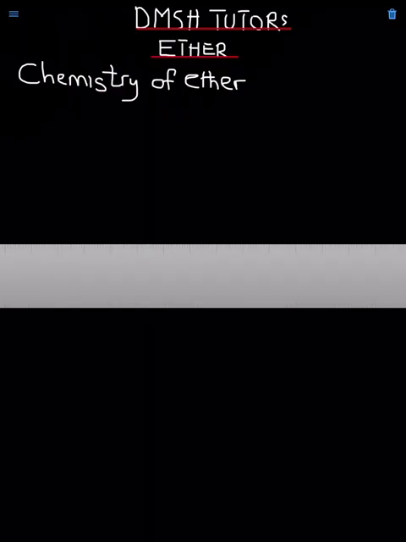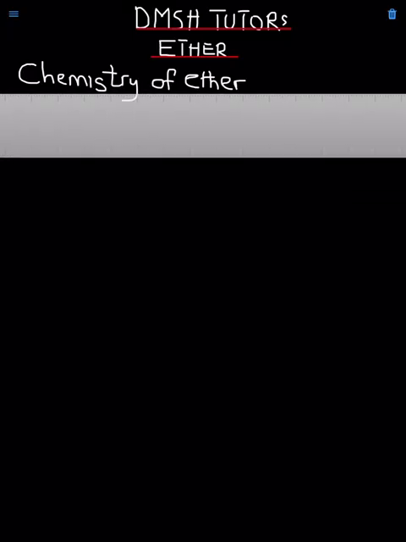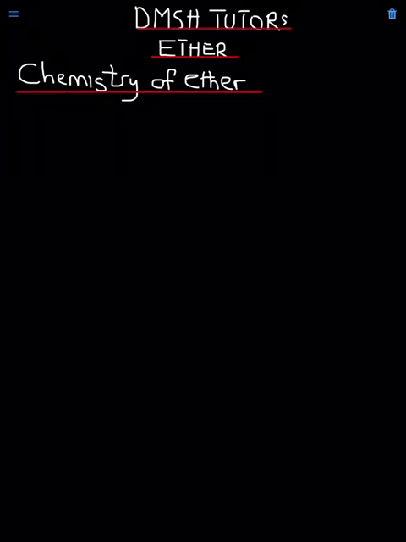As you know, ether is derived from water structures, and all the hydrogens in the water structure in ether have been replaced by alkyl groups, which makes ether less reactive. So ether is unreactive, unlike alcohol and water.